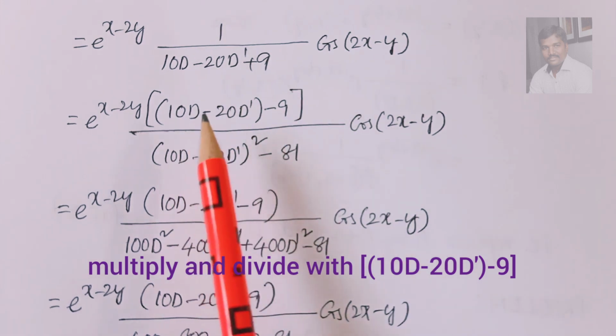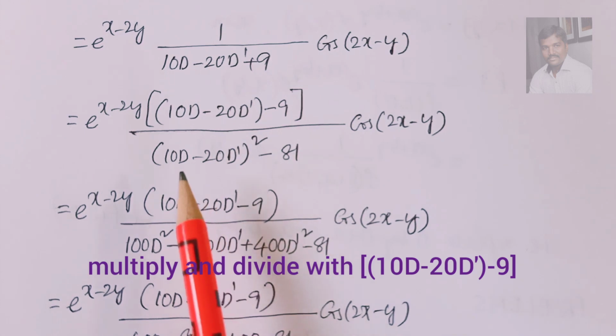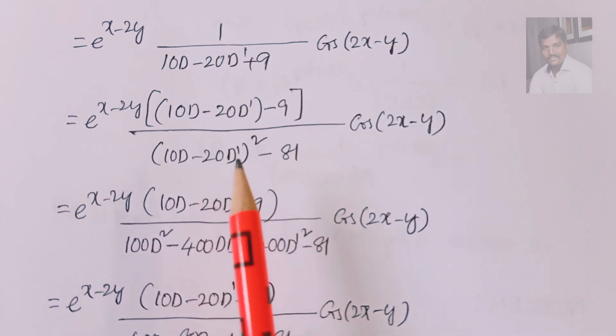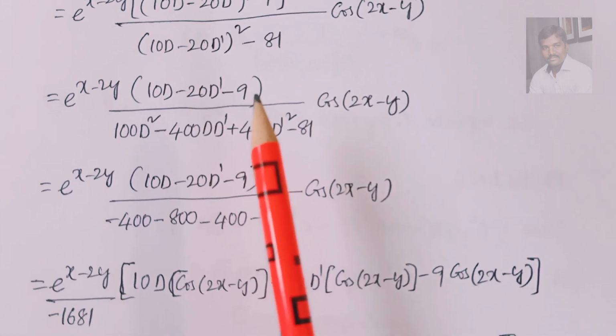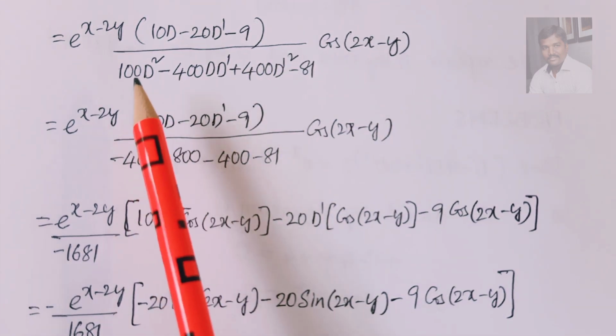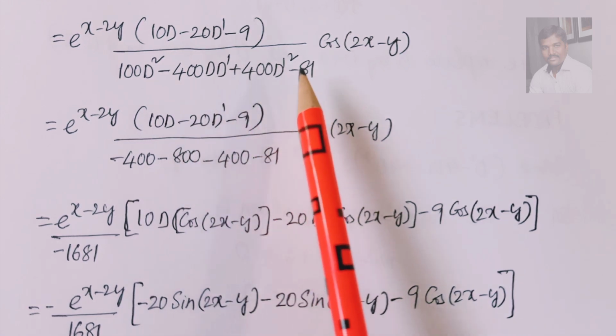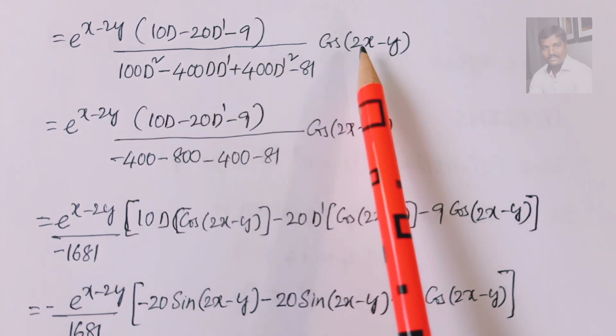There you will get in the numerator (10D − 20D' − 9), and in the denominator (10D − 20D')² − 81. Now the denominator is 100D² − 400DD' + 400D'² − 81. Now we can operate this.